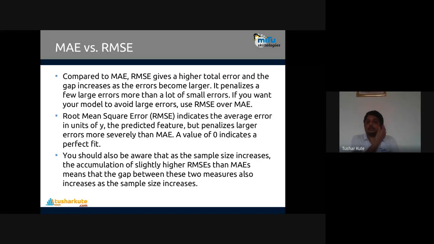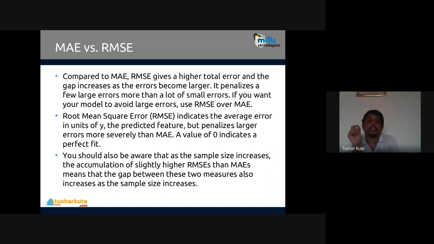If you compare it to MAE, RMSE gives a higher total error, and the gap increases as the error becomes larger. It penalizes a few large errors more than a lot of small errors. If you want your model to avoid large errors, use RMSE instead of MAE. Yes, that is what we need to use.